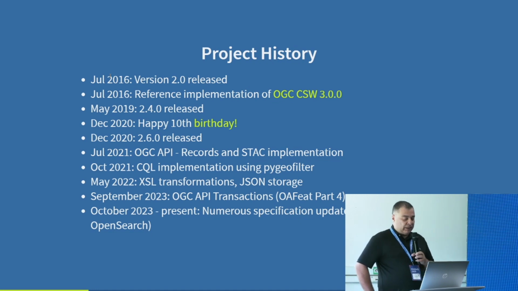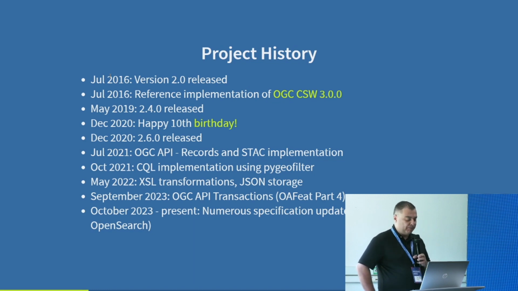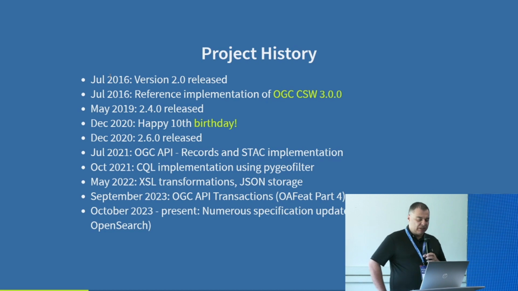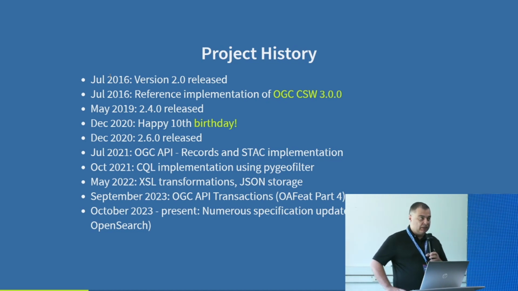And for those of you who are into Python and filtering data, it's a fantastic package made by Fabian Schindler from EOEPCA, and we use that to basically implement the common query language OGC specifications. In May of last year, we added XSL transformation as well as JSON storage. Our storage in pycsw has typically been XML, but we're moving on to supporting more storage capabilities.